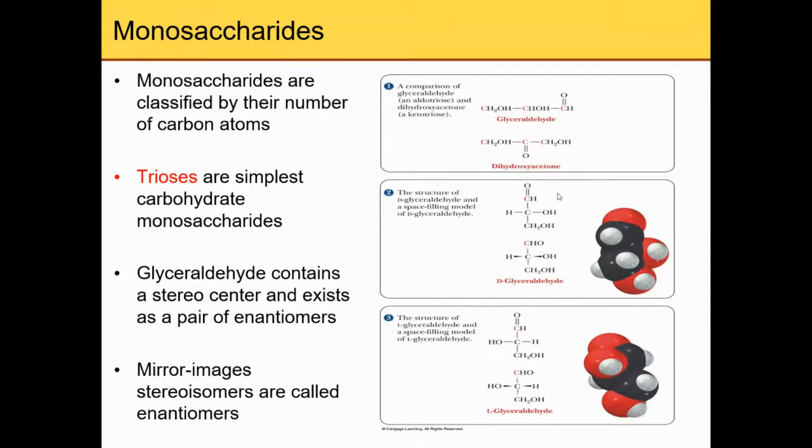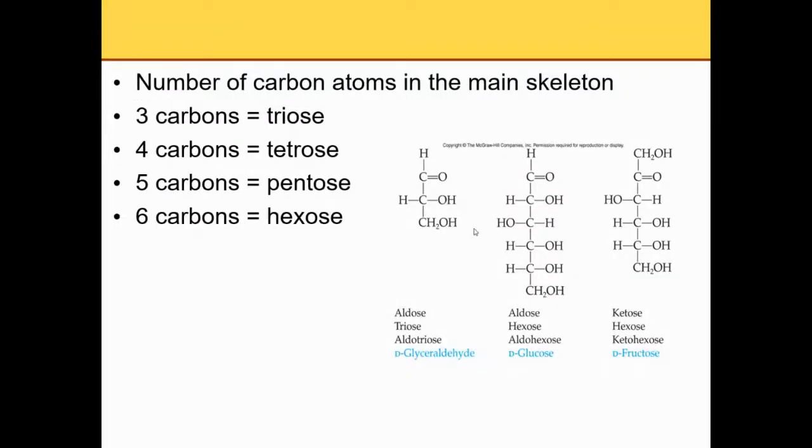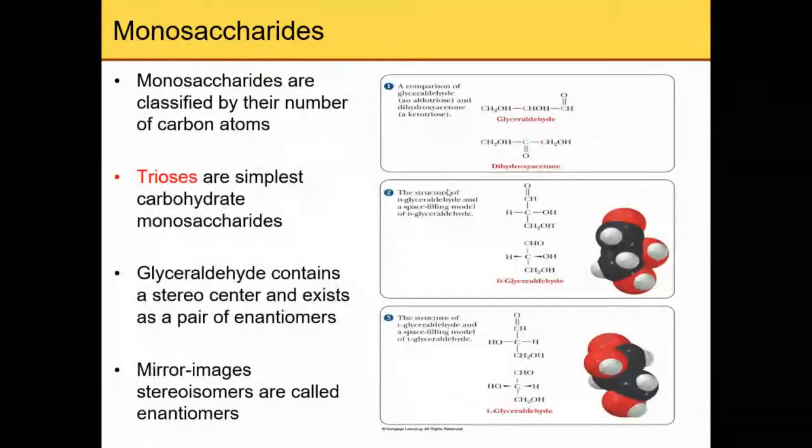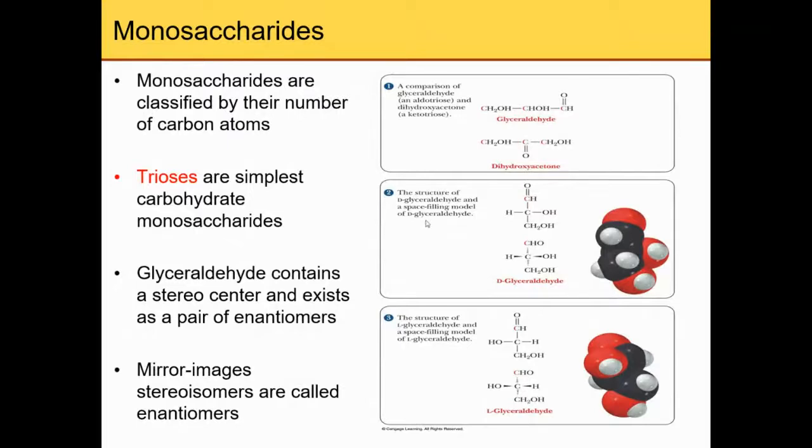So monosaccharides are classified by their number of carbon atoms, and the triose is the simplest monosaccharide, glyceraldehyde here. Glyceraldehyde has a stereocenter, so it exists as a pair of enantiomers, which are mirror image stereoisomers.